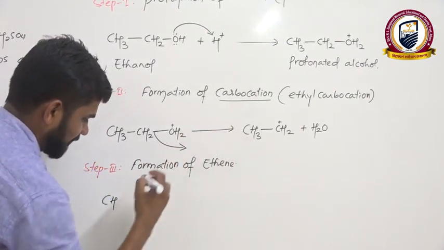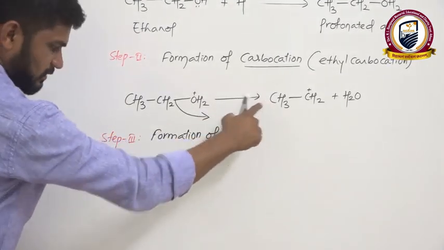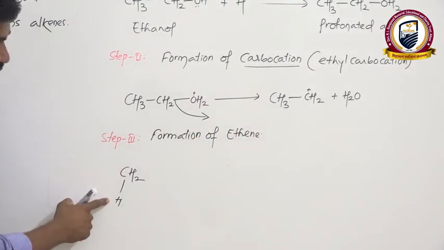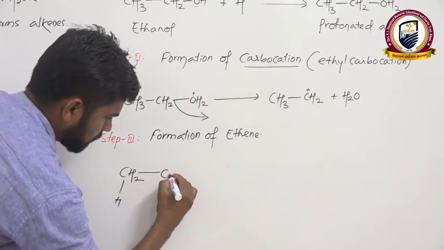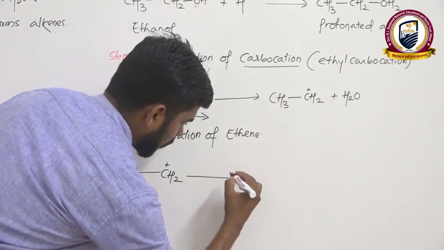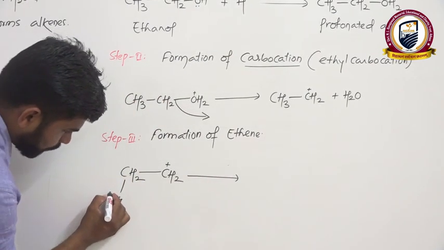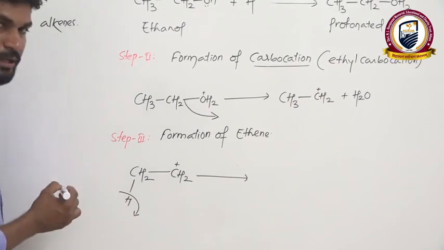I will write CH3 CH2 plus, with the H shown on the carbon next to it, CH3 and single bond CH2 plus. And loss of proton takes place. The proton will be carrying a positive charge. We have to remove this H as H plus only.